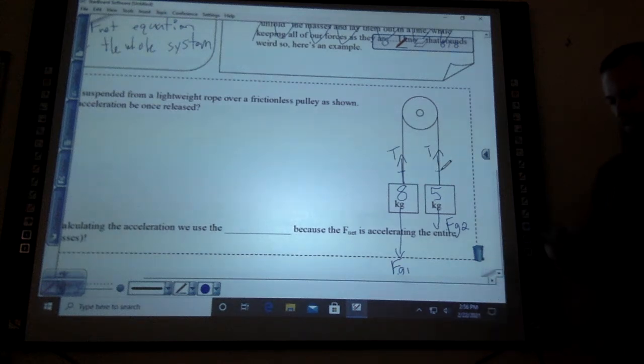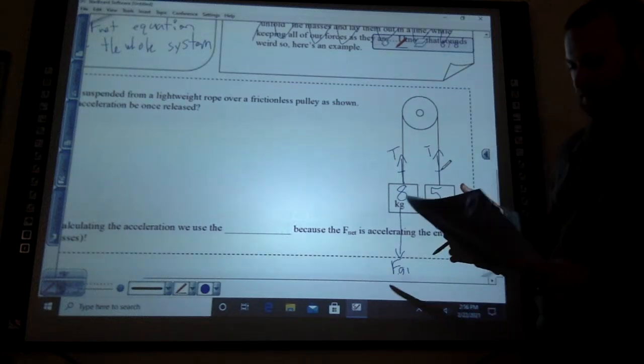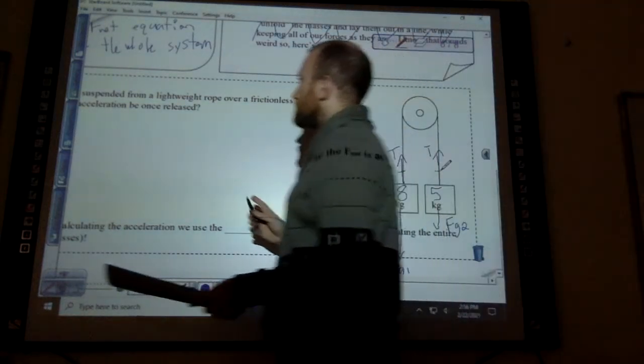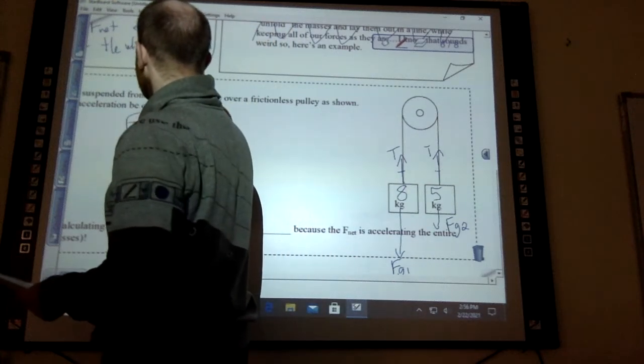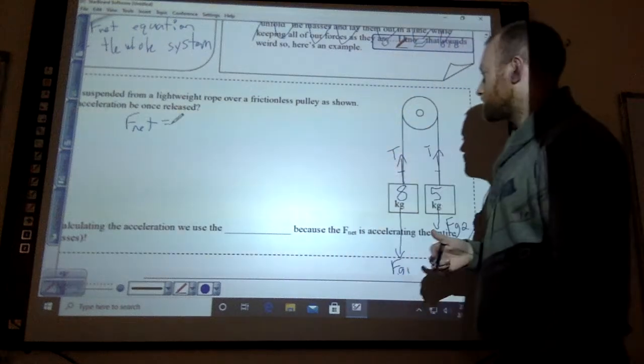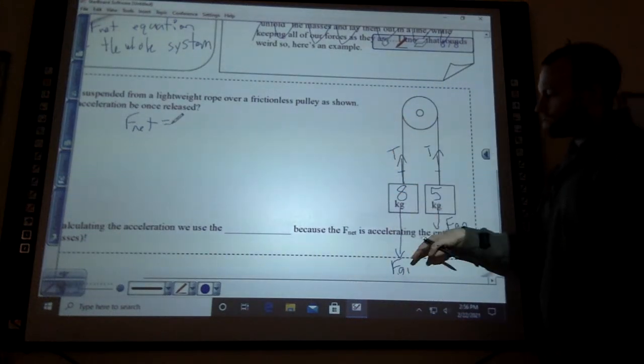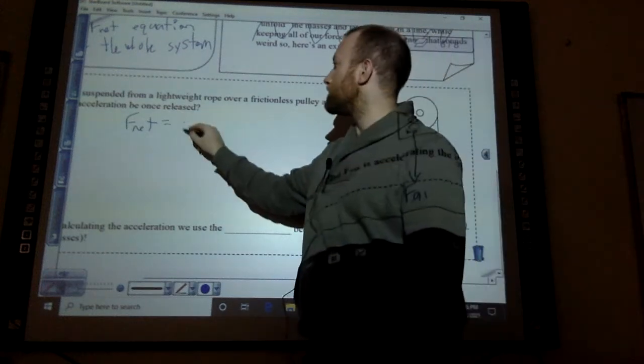So our strategy for this is the same as lots of other dynamics questions. We're going to first need what is the F net. So in this case, F net is, let's take all the positive forces. This one is moving down, the 8 kilograms is moving down, so FG1 is positive.